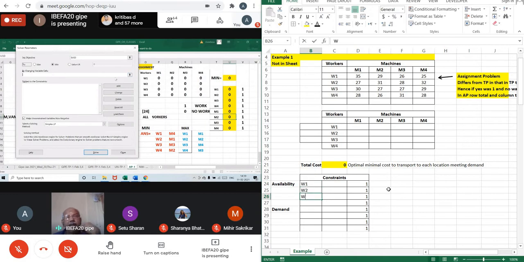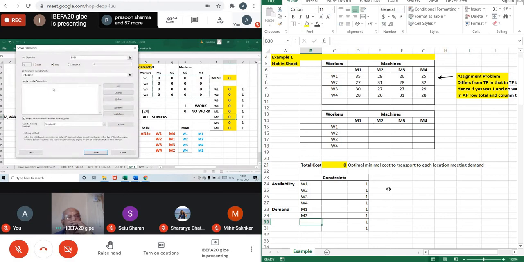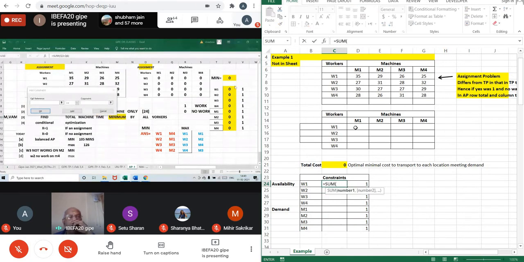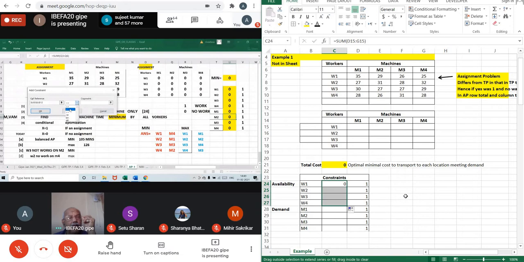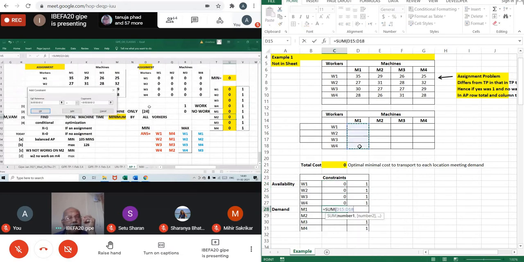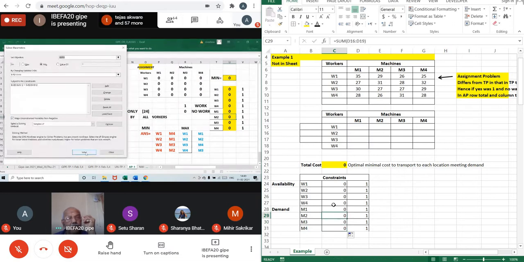My assignment matrix will be zeros. And the constraints are all these row constraints and column constraints equal to 1. Solve it.